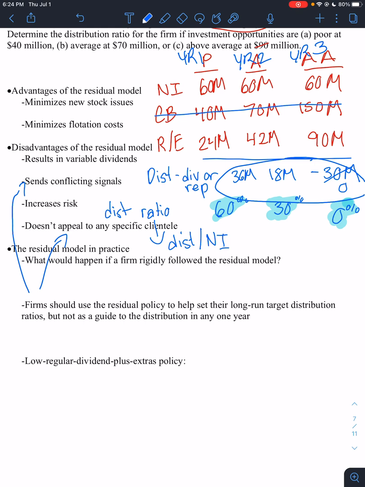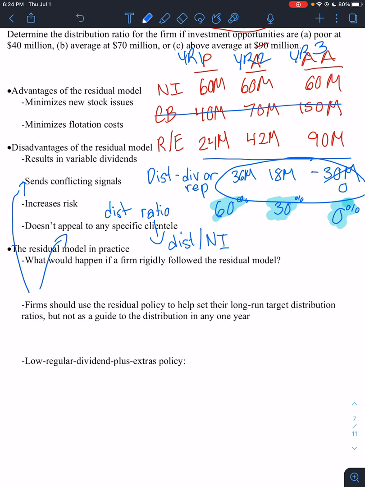So on average, if I would have paid 18, 18, and 18, I would have been able to feasibly keep a stable dividend while still pursuing the investments I have available to me each year. And so, you do the same procedure, except you just do it over multiple years, take an average, target that average distribution ratio. And then that way you don't have these fluctuations from year to year to year.